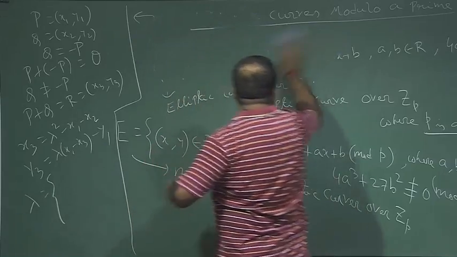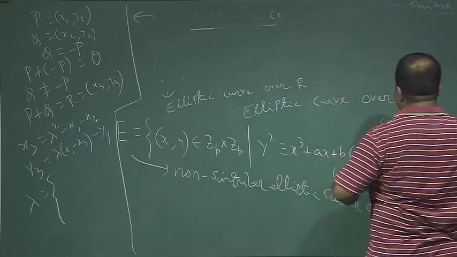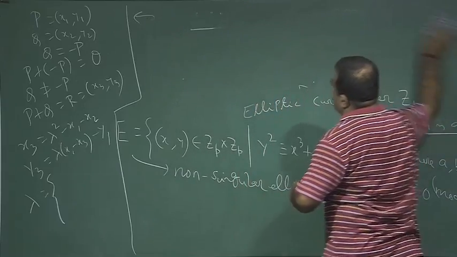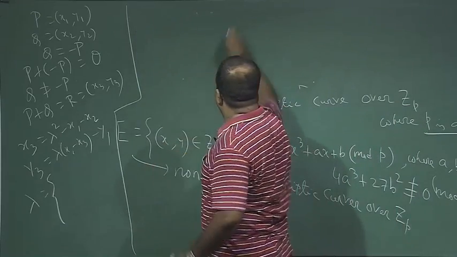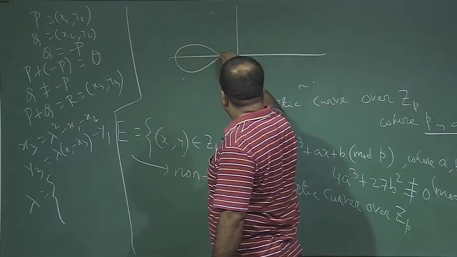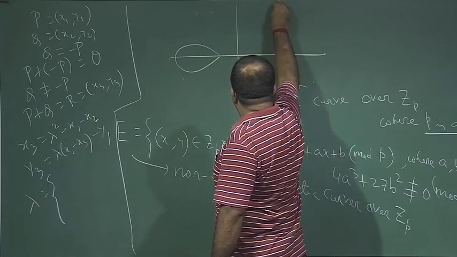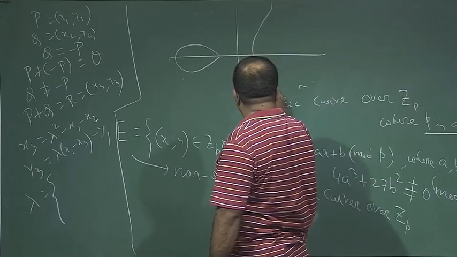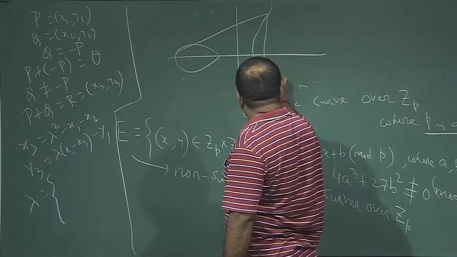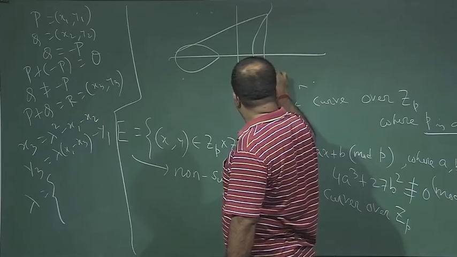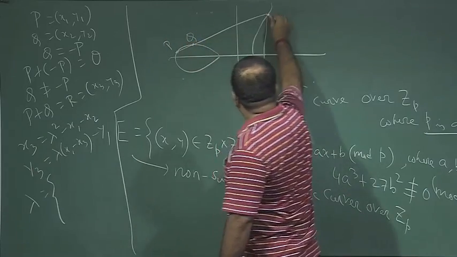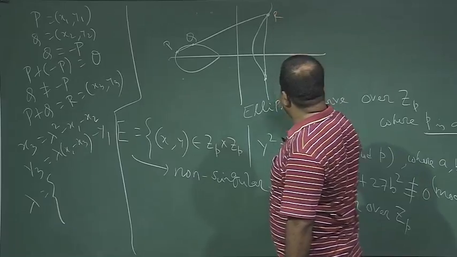So this was the picture for R. This is the x axis, y axis, and this is the curve. Okay, so these are two points P, Q. This is P, this is Q, and this is the third point of intersection.